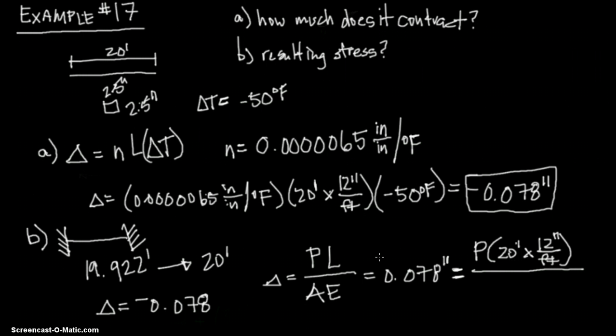We're actually going to solve for P over A, which, if you remember, is stress. Then E is, since this is steel, once again, 29 million PSI.